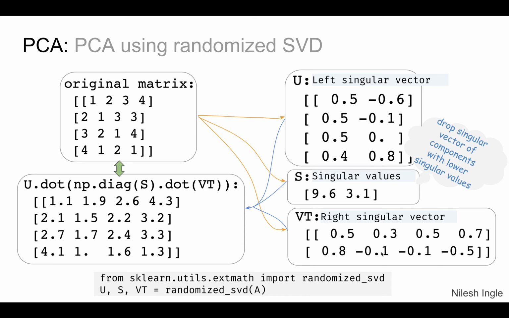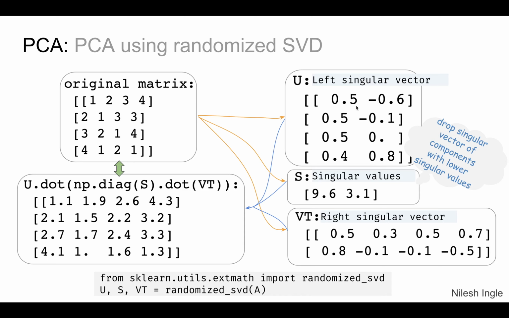And the way randomized SVD works for PCA is that the singular vectors or components with low singular values are dropped. And that's how this method works.